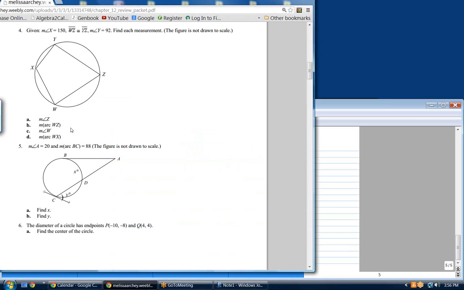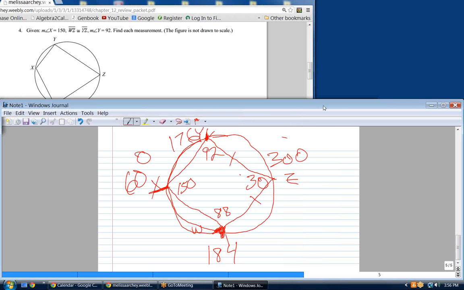Let's see, what else do they want here? They want arc length WZ. Let's see. They said WZ was equal to YZ. So WZ equals YZ.